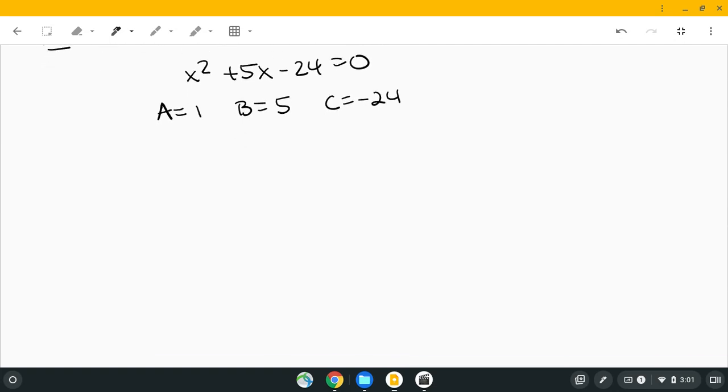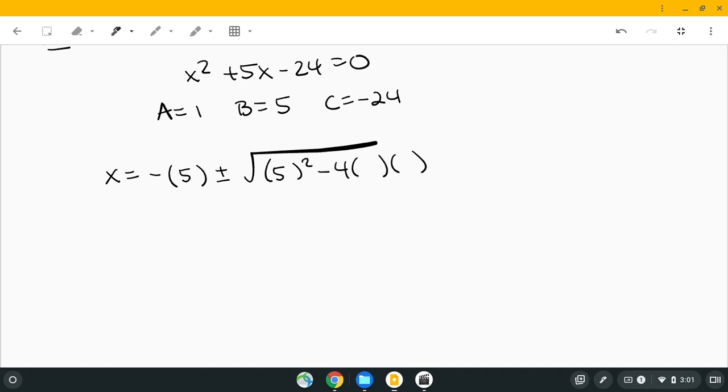All right, so let's go ahead and use the quadratic formula here. x equals negative b. b is 5, plus or minus the square root of b squared, so that's 5 again squared, minus 4 times a times c, which is negative 24, all over 2a, which is 2 times 1.